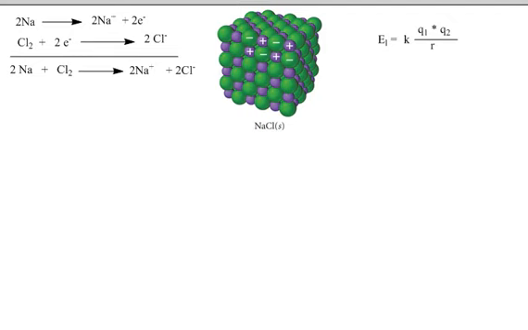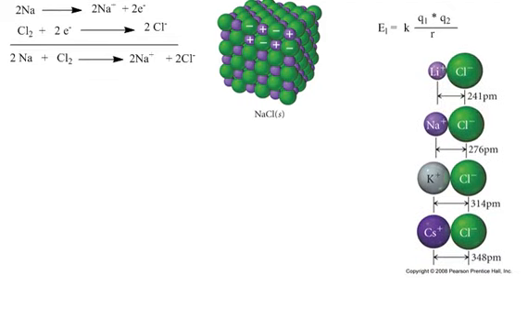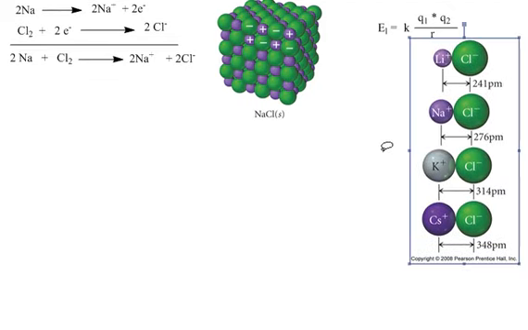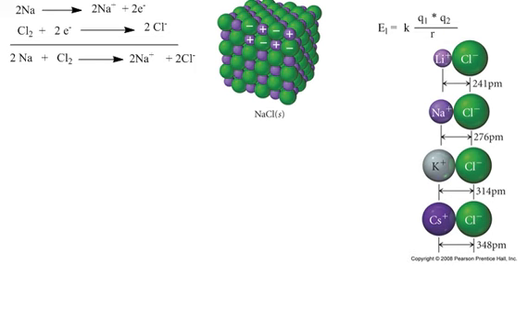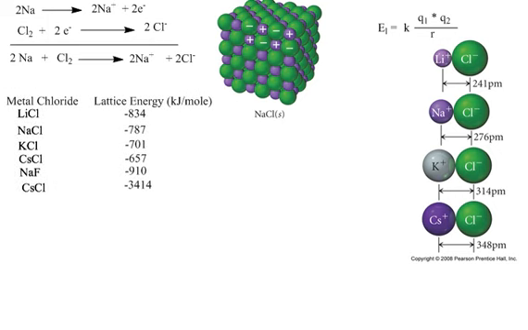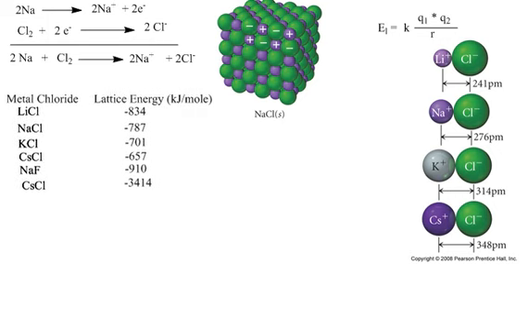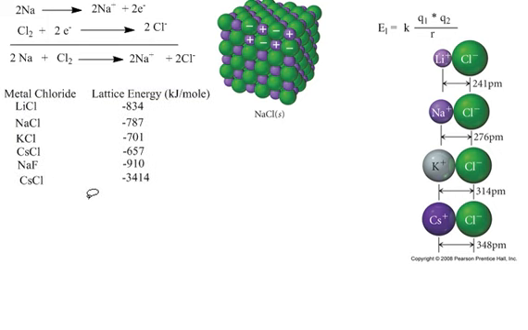If we look at a series of compounds, I just want to look at this series to start with. The chlorides: lithium, sodium, potassium, and cesium. We can actually look at a chart of data for these ions. I'll leave it right here. And you can see that as we go down the periodic table, the lattice energy gets less.